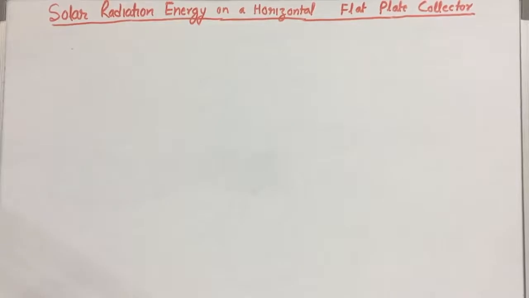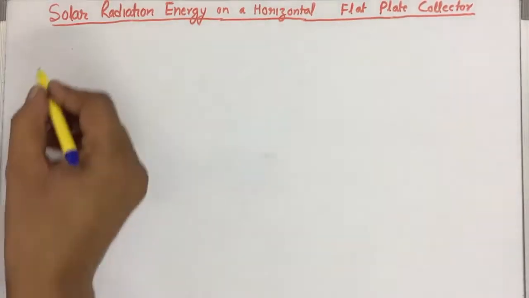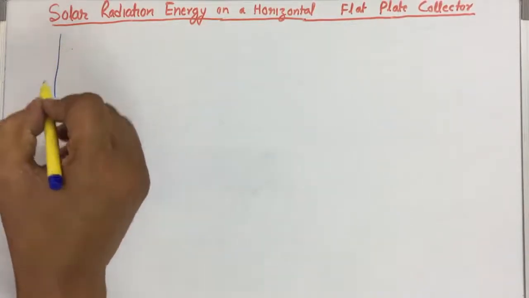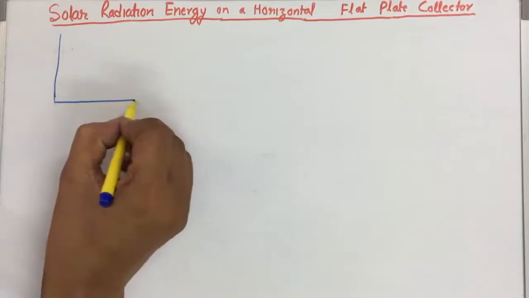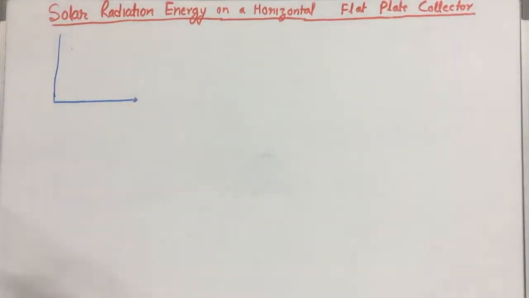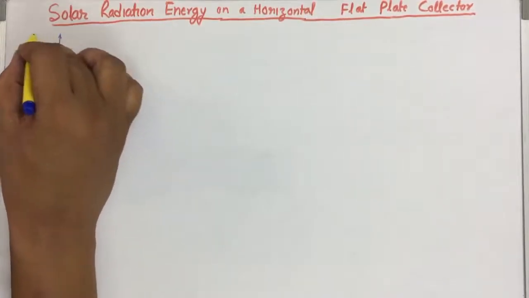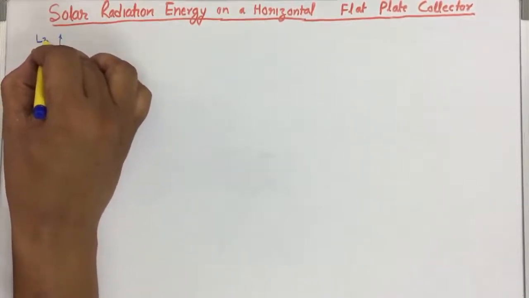Before directly coming to the energy discussion, let us start from the energy curve, which relates the time of the day and the insolation incident on the surface. It is named as LZ.